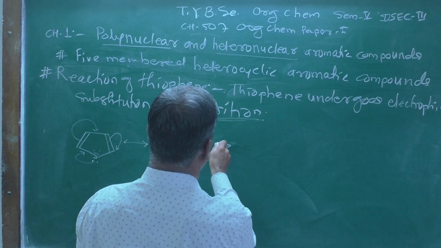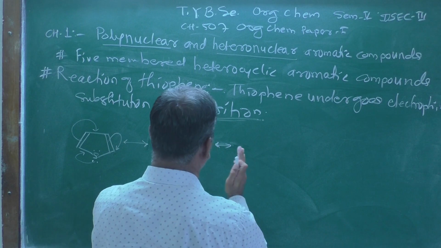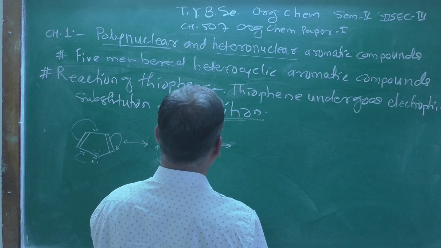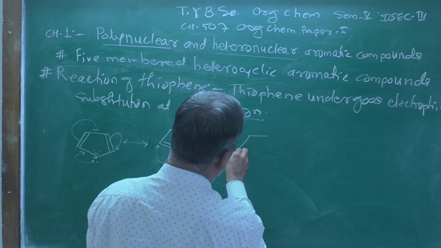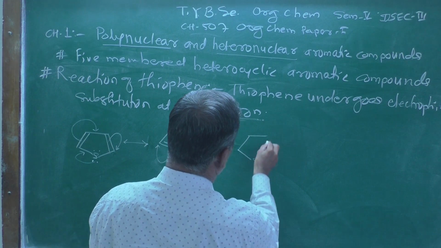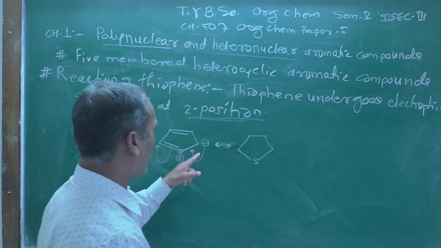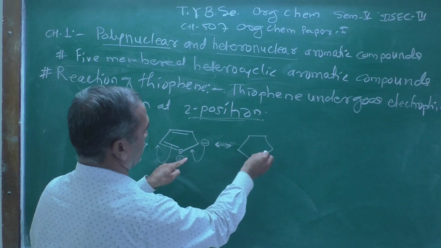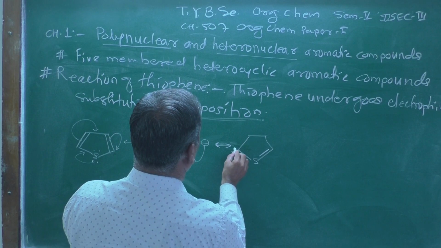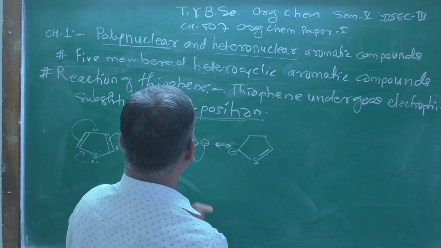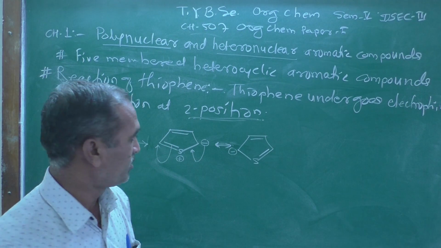I am showing double-headed arrows in a compact manner, smaller in size, so that we can draw the possible resonating structures. What are the changes we made? Look at the arrow here, it forms a double bond. Now the negative charge is present at this corner point, and this double bond remains as it is.